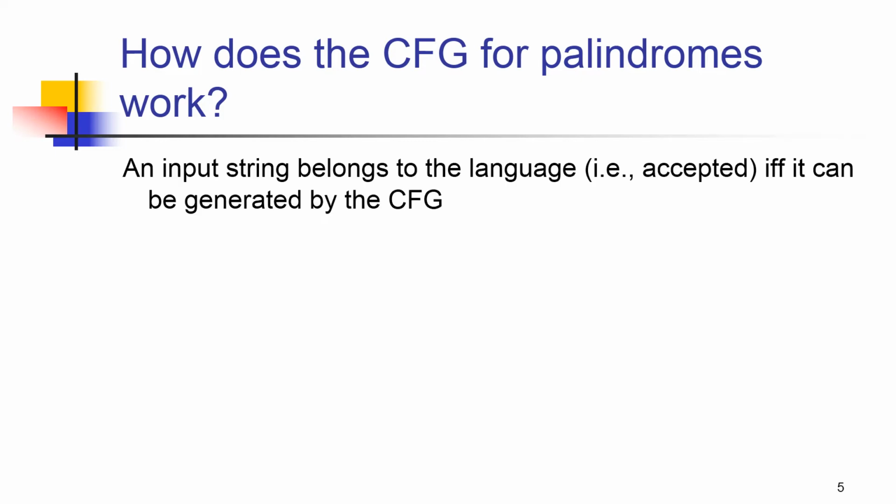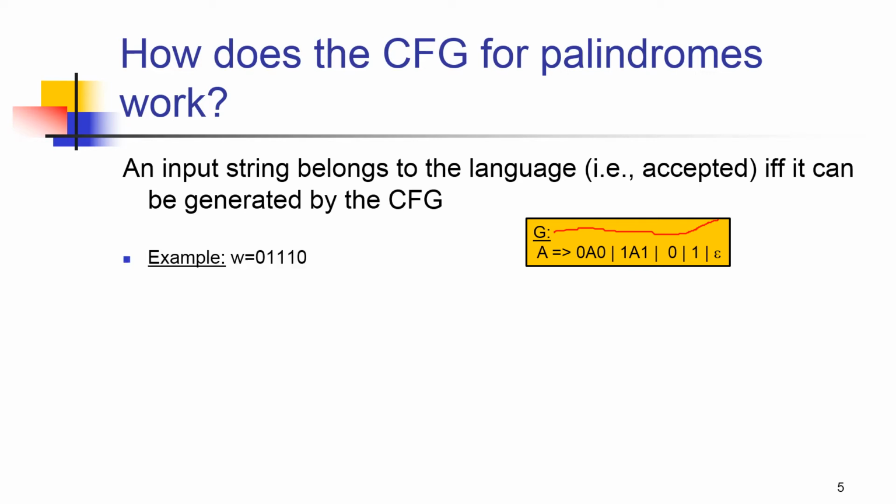Now let's take an example of how actually palindrome works. As we have earlier discussed, this is the grammar: A produces 0 A 0, 1 A 1, 0, 1, epsilon.